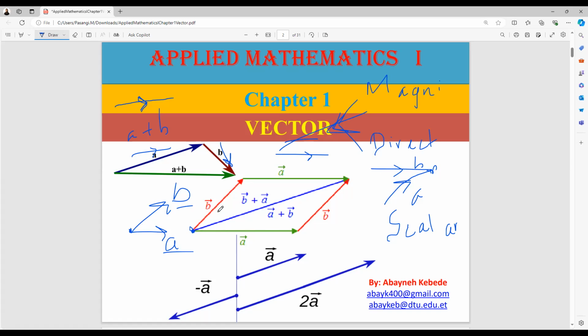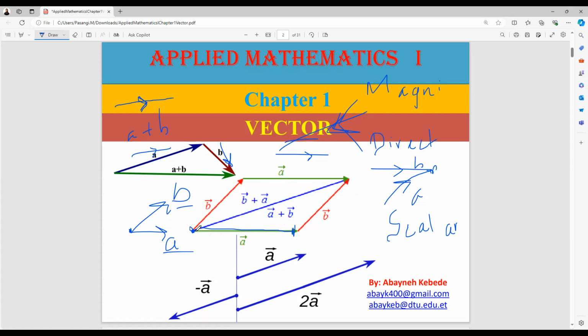If we wanted to add these two vectors, first we'll go with vector A, and once it ends, then we'll start vector B. Actually, what we normally do is mark vector A and vector B like this, and then we'll complete the parallelogram, and then we'll mark the other vectors as well.